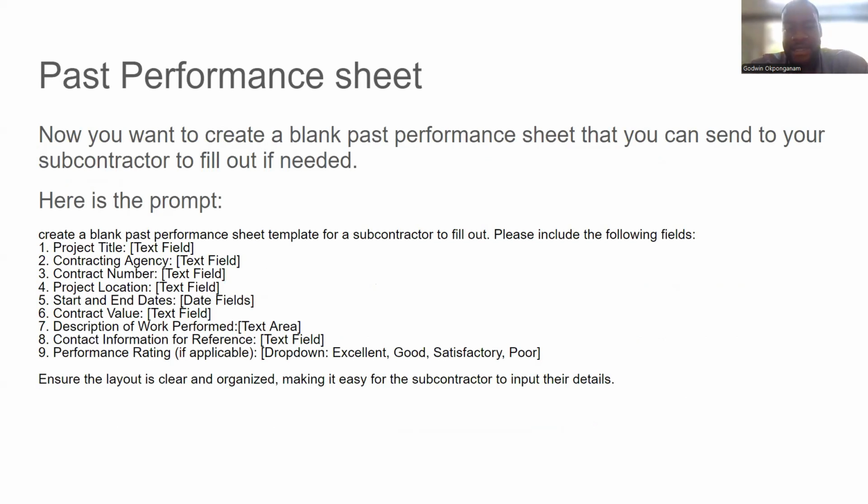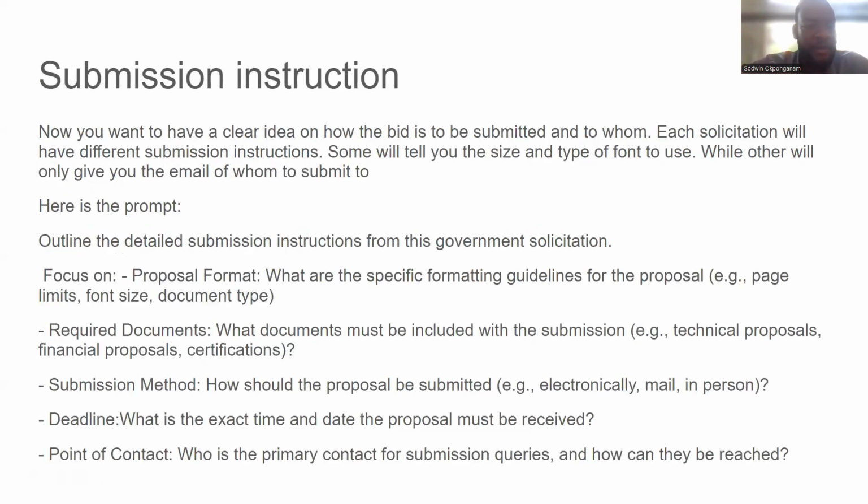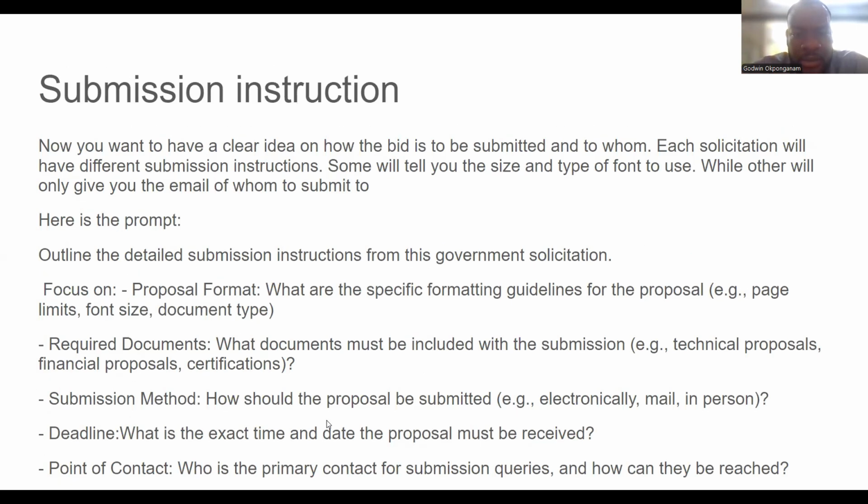Or it might need to be sent by email electronically. You want to be able to find out exactly how they want the proposals to be submitted, how they want the bids to be submitted. So this is the prompt that we have here for extracting the submission instructions.